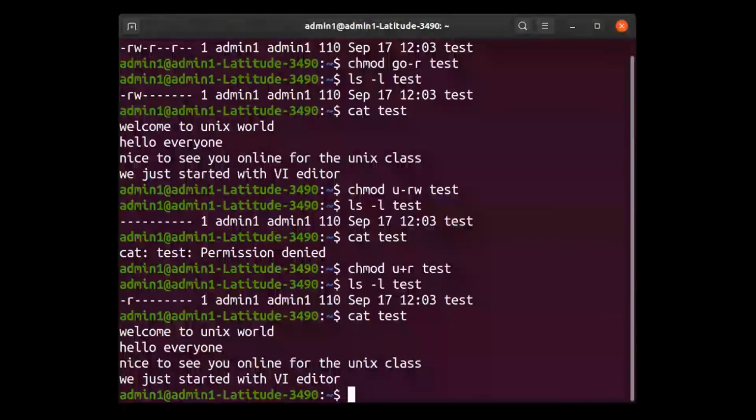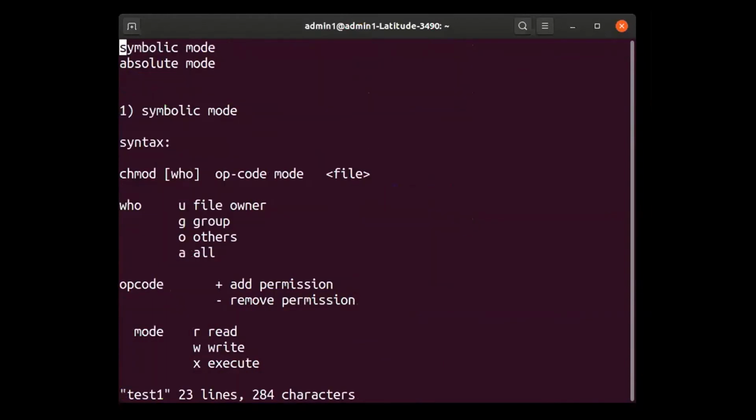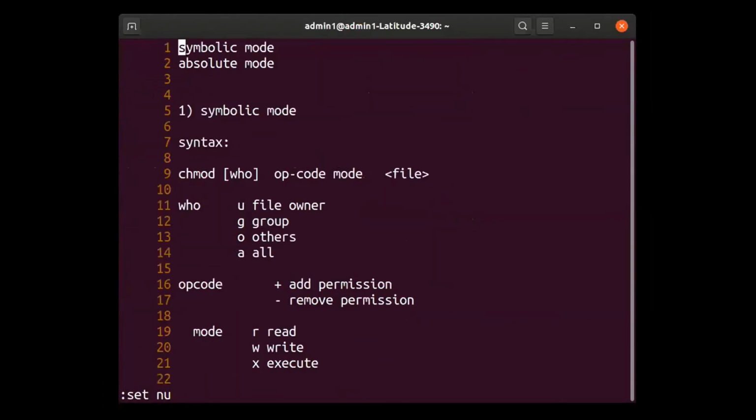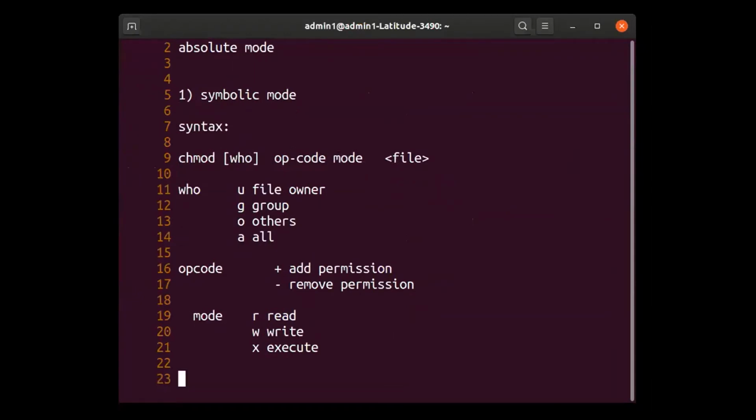Let us proceed with the next way of giving the permissions for the file. Just make a note. That is called absolute mode. The second one is called absolute mode.